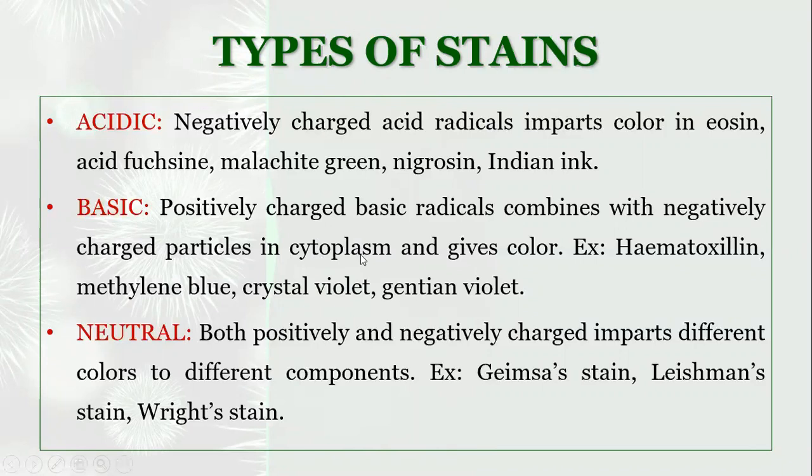The cytoplasmic membrane contains a phospholipid bilayer, which contains phosphate ions, hence it gives a negative charge to the membrane. So the positively charged dyes will give color to the negatively charged organelles of the cells. Examples of these basic dyes are hematoxylin, methylene blue, crystal violet, and gentian violet. All these are basic dyes.